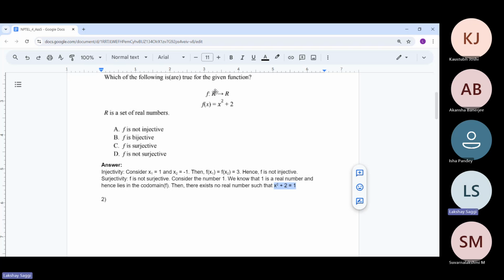So that's why this won't be an onto function. Thus, the range of f is not equal to the codomain of f, and hence f is not surjective.